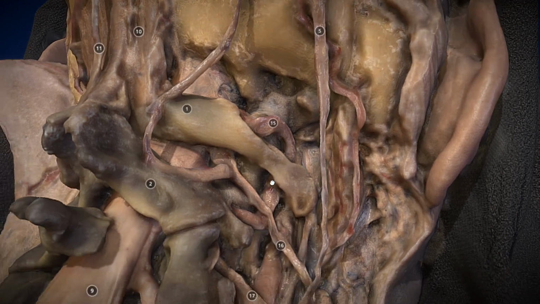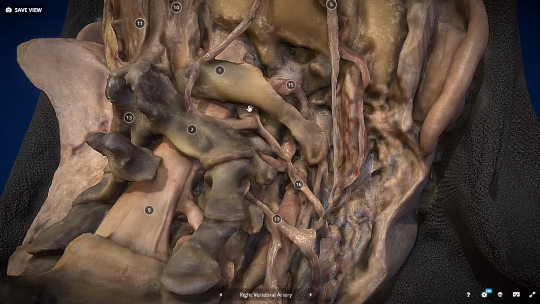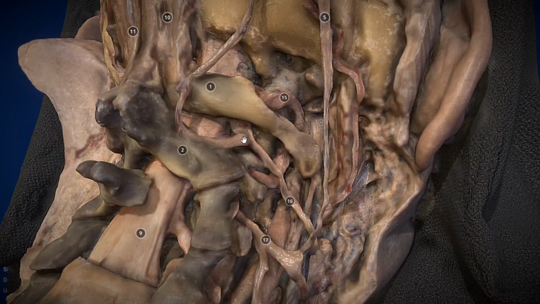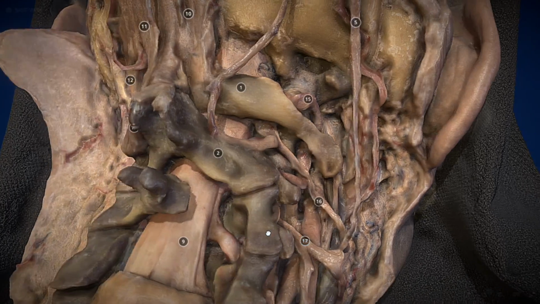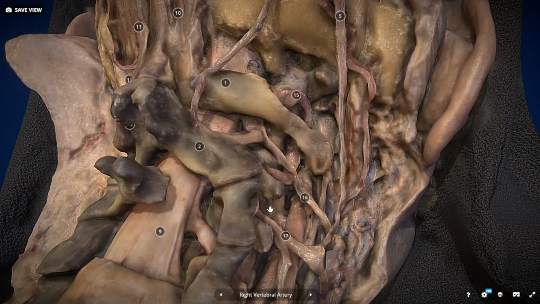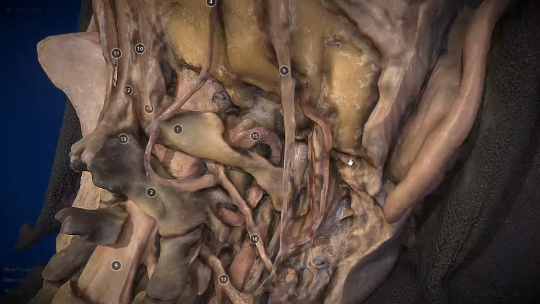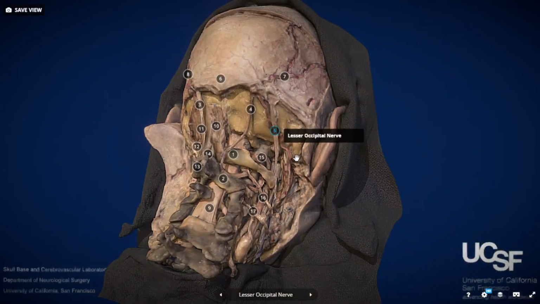Inferiorly, we see the C2 nerve root, and we can see the C3 and its connections with C2 to form the lesser occipital nerve.